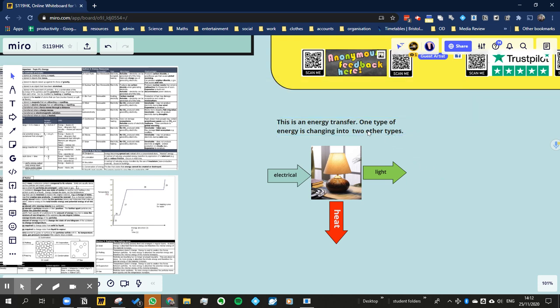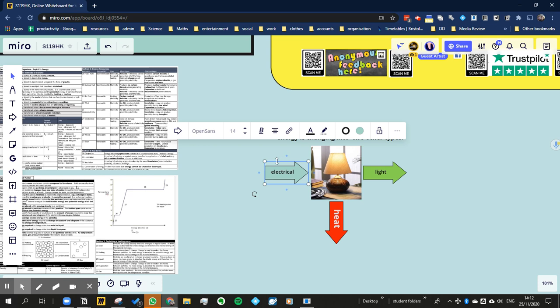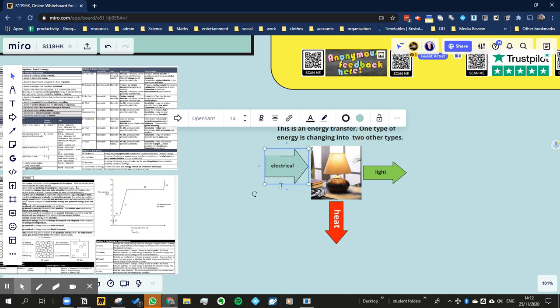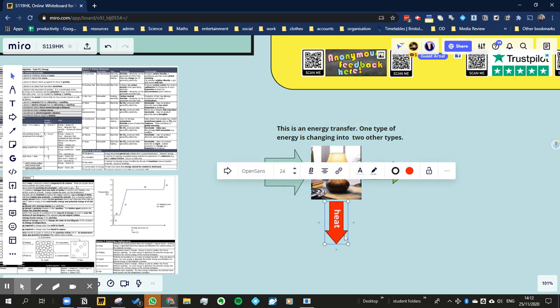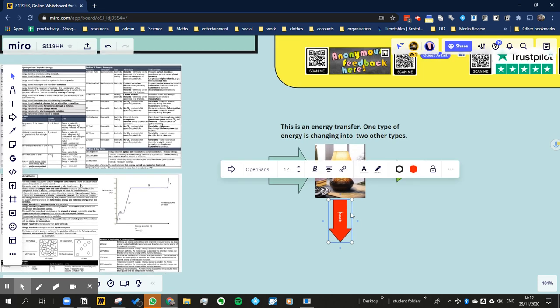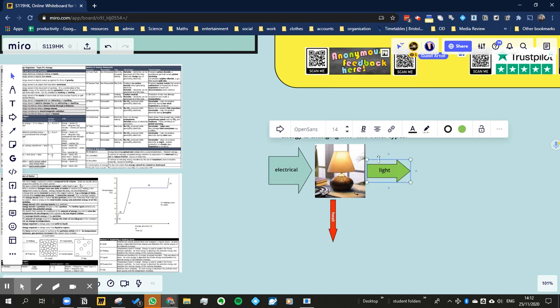But if this was an absolutely perfect light, a really good light, then it would produce lots and lots of light from the electrical. So to demonstrate that, we can make this arrow really wide, and we can say that's the amount of electrical. Then we make the heat a lot smaller, and the light a little bit wider.